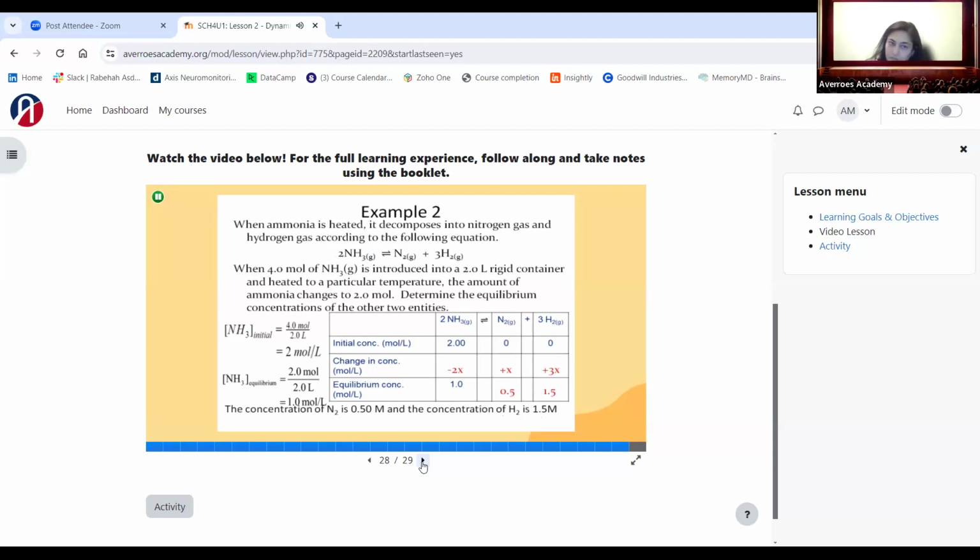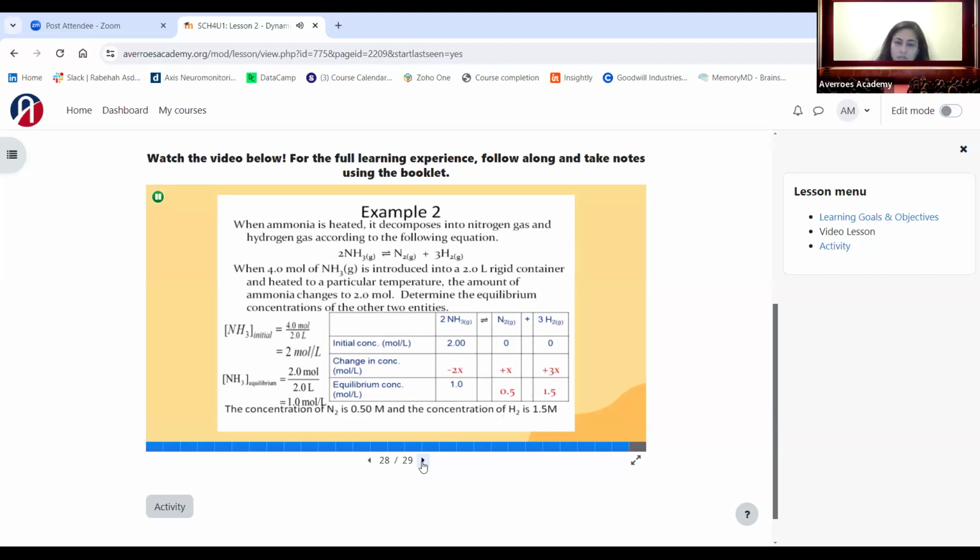So we can first get, our initial amount of NH3 is 4 moles, and it gets converted into 2, right? So our final equilibrium amount of ammonia is 2, and our initial is 4. So we can set up our ICE table.